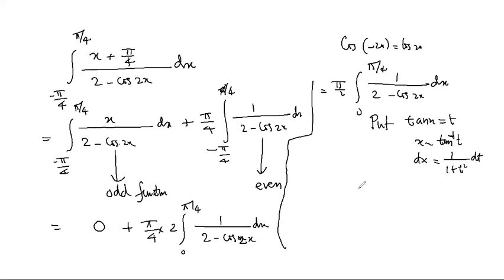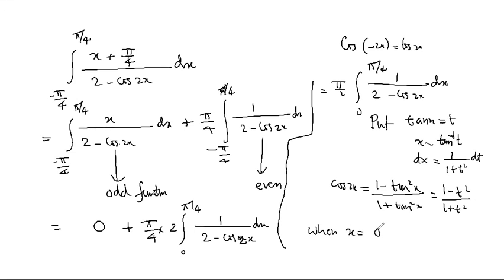Then cos 2x will become 1 minus tan square x upon 1 plus tan square x, so it became 1 minus t square upon 1 plus t square. Now change the limit. When x takes value 0, t is tan 0, which is 0. When x takes value pi by 4, t is tan pi by 4, which is 1.